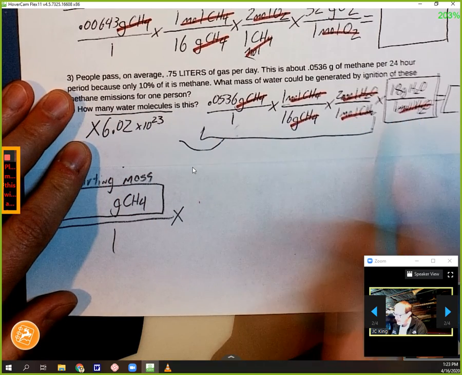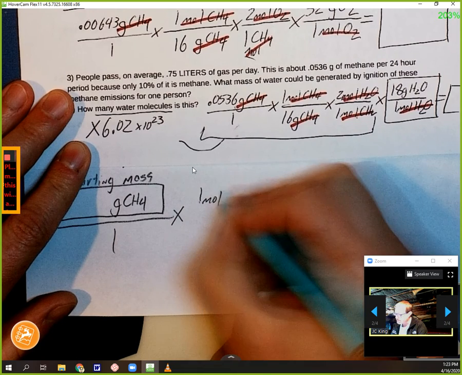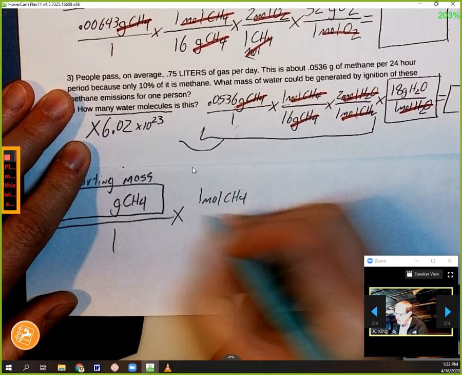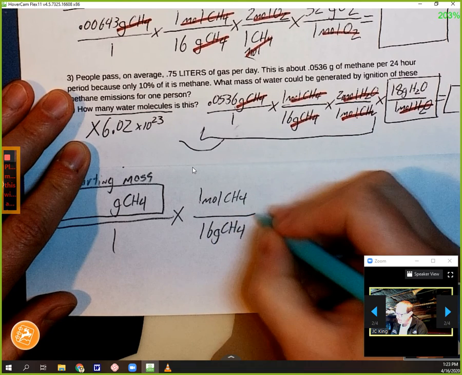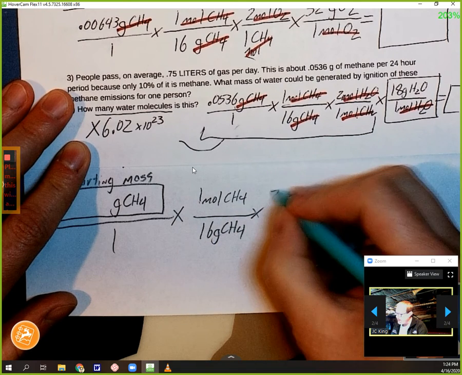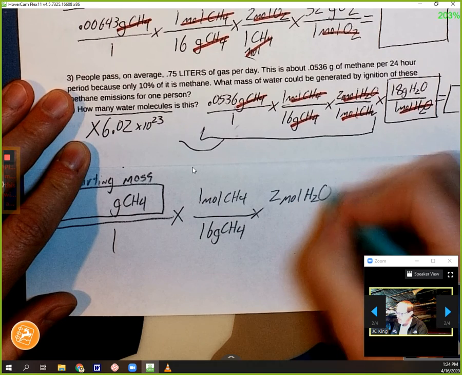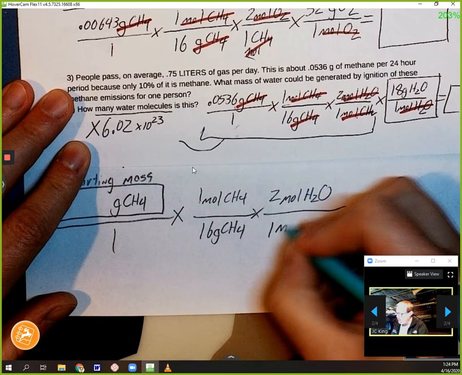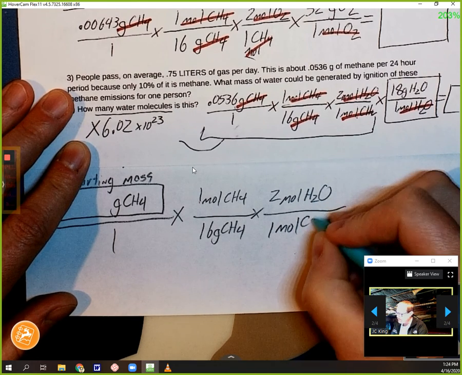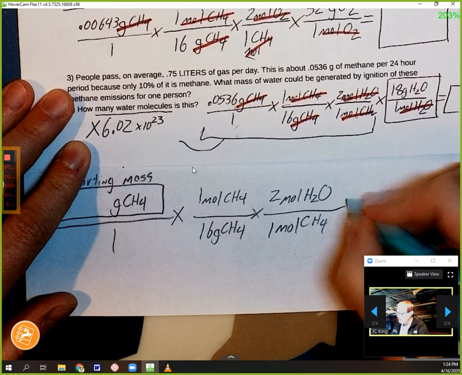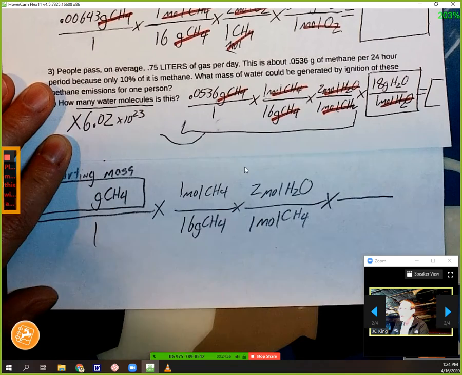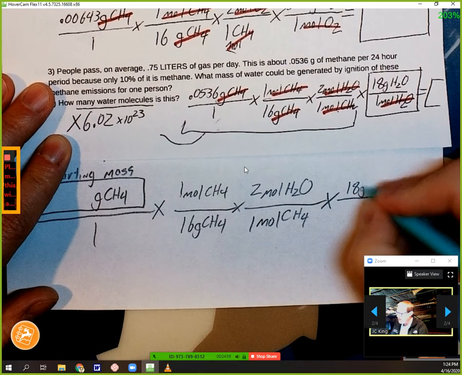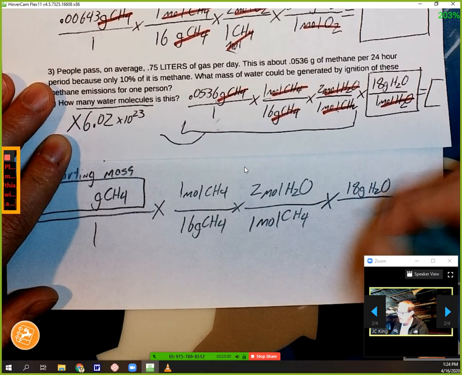So it's going to be 1 mole CH4 over 16 grams CH4, times 2 moles of water for every 1 mole of methane, times 18 grams of water for every mole of water.